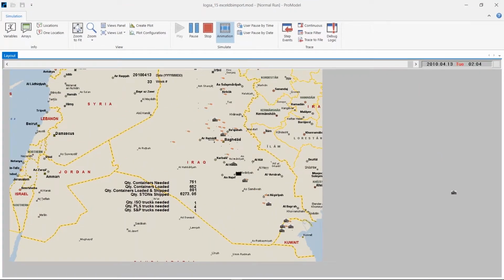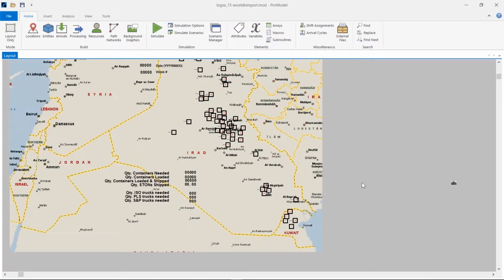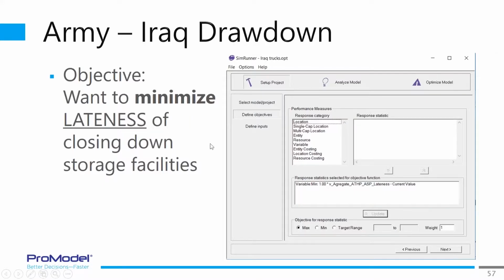The purpose of this analysis was to try to determine the number of each of 3 different types of trucks that were available, and also to some degree try to figure out when those trucks are needed.